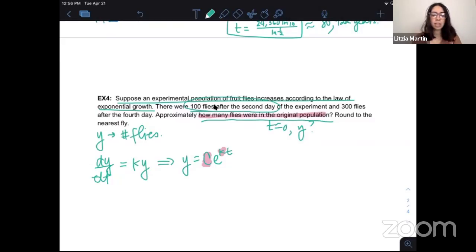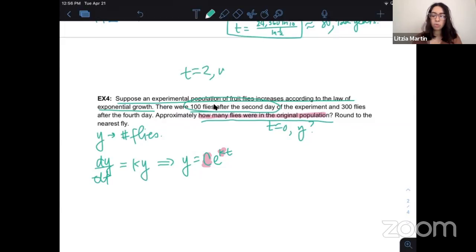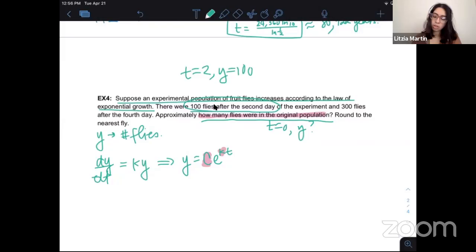100 flies after the second day means when t is equal to 2, y is equal to 100. So we can go ahead and use that information. Also, we know 300 flies after the fourth day. So when t is equal to 4, we have y is equal to 300.